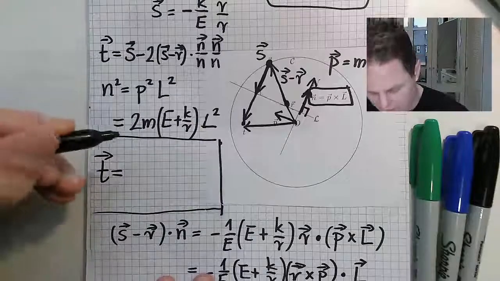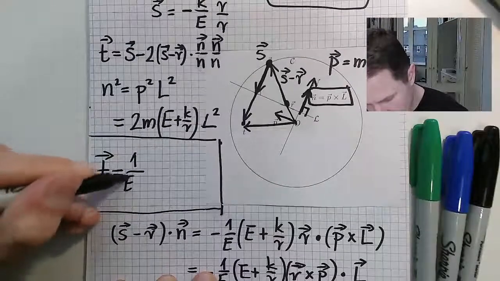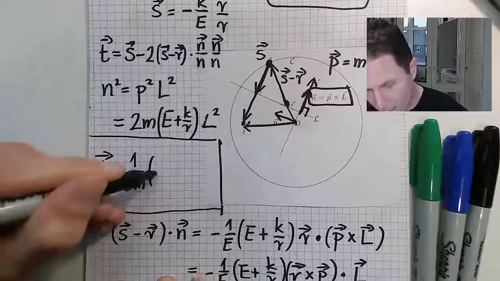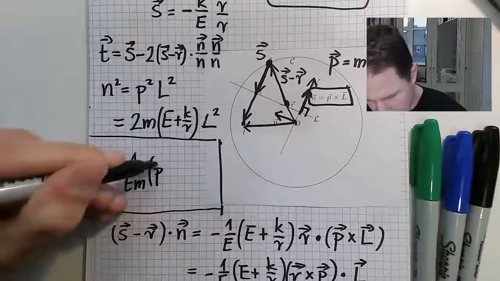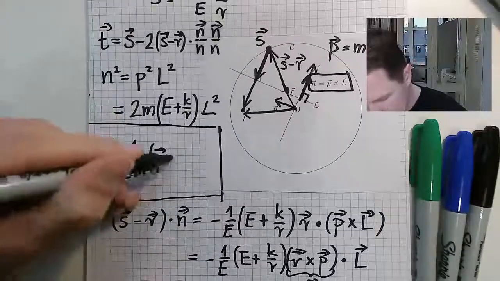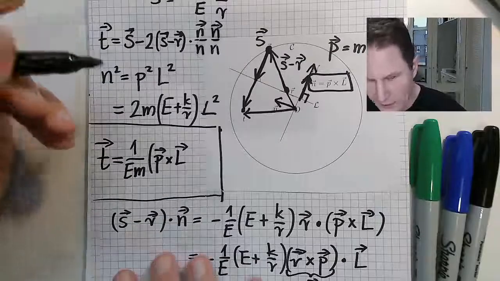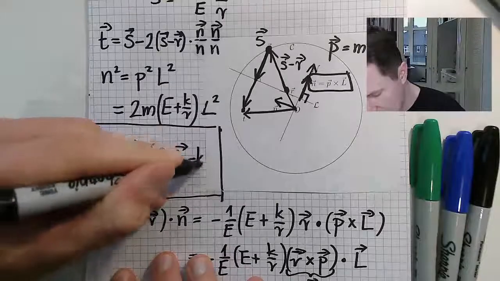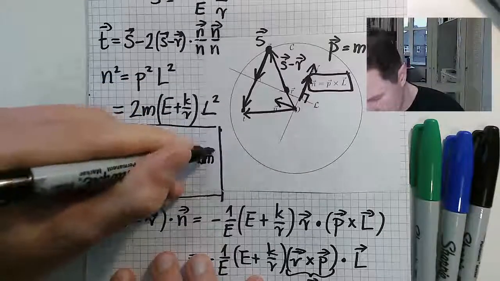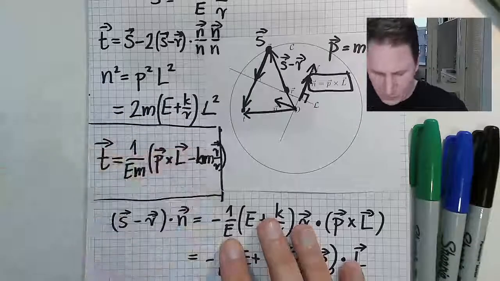We can put this all together and get 1 over E times m times the vector product of P and L, the linear and angular momenta, minus K times m multiplied by r over its length. Okay, so this is what we get.